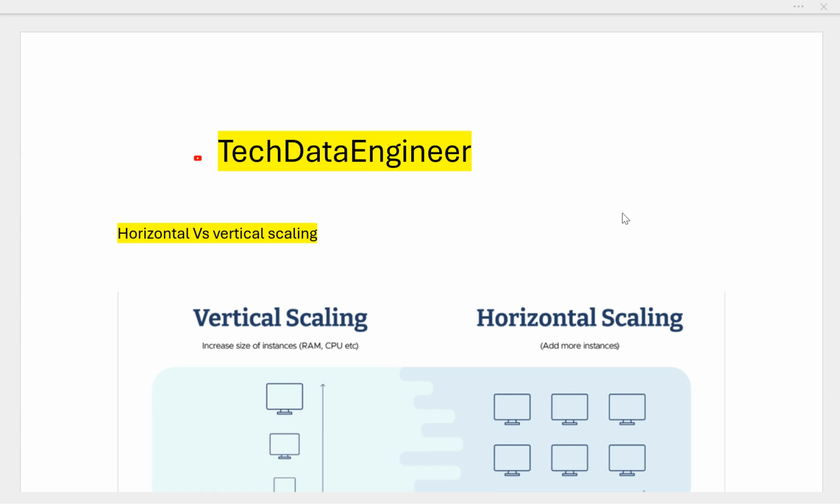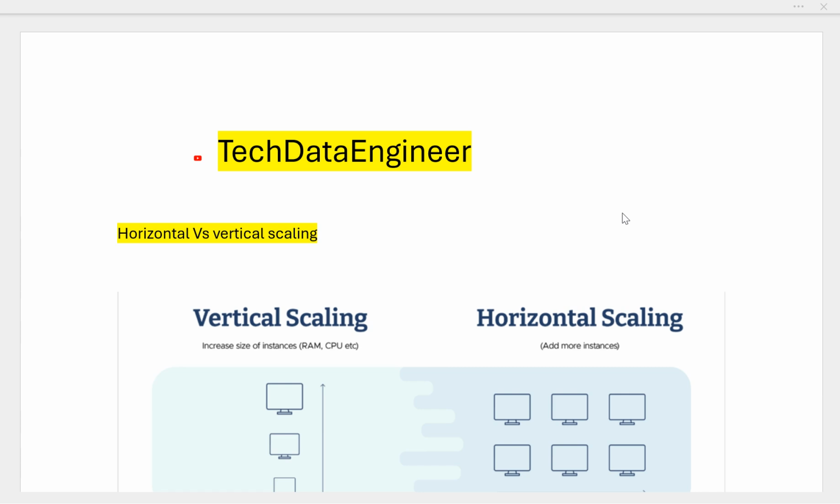Scaling means we have to increase or decrease something, scale up or scale down, based on the requirement. Suppose you have one GB of data to process. For that you require one core CPU and two GB of RAM, just as an example.